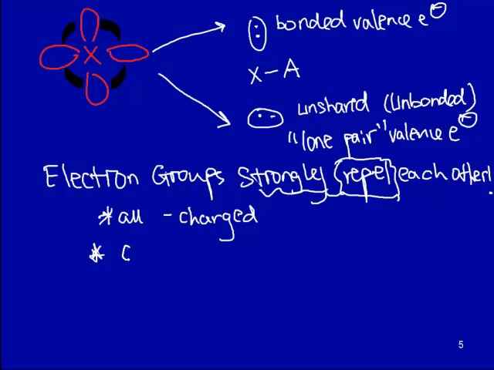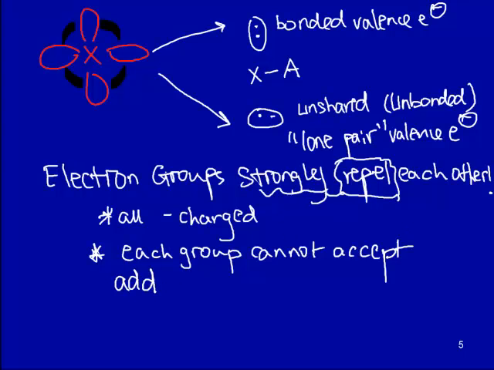Second, each group cannot accept additional electrons, any kind of electrons, valence electrons in particular.